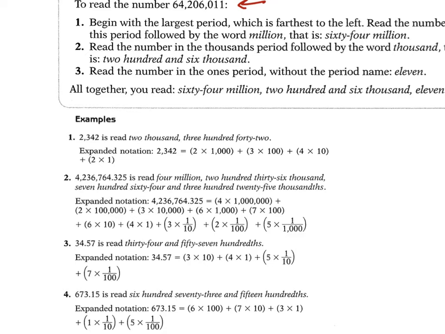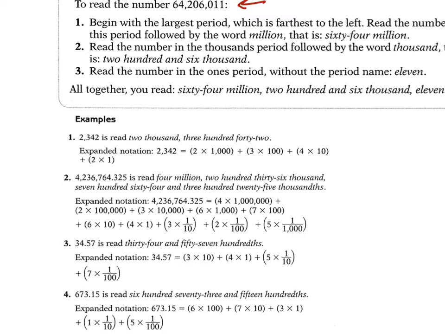For number 2, we have 4,236,764.325. So this is read as 4,236,764 and 325 thousandths. So if we were to just expand this, the 4 is in the millions, so it would be 4 times a million.